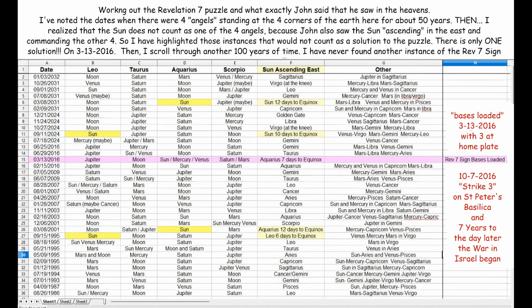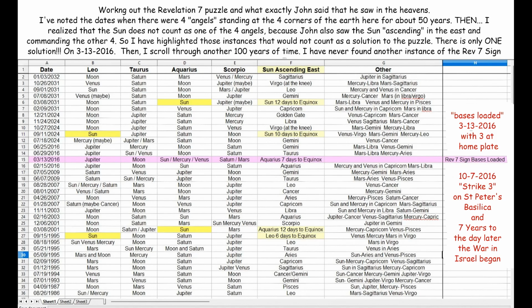There is only one time in all of these 50 years, from the early 1980s to the year 2032, when John could have possibly seen 4 angels at the 4 corners of the earth, and the sun rising in the east. And I've highlighted that one single instance in magenta, and that was on 3/13 of 2016. It's the only time.